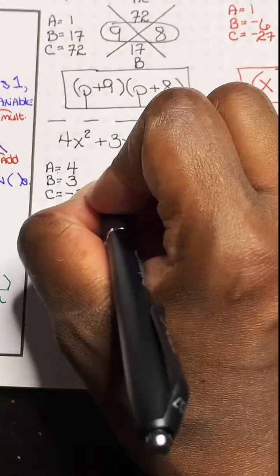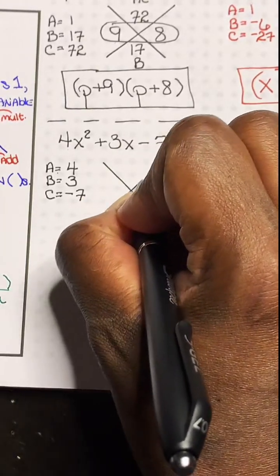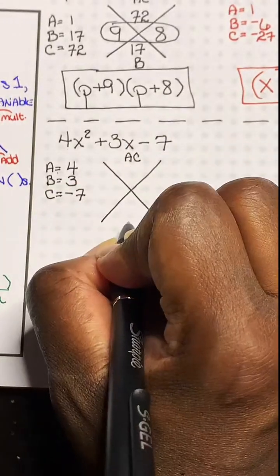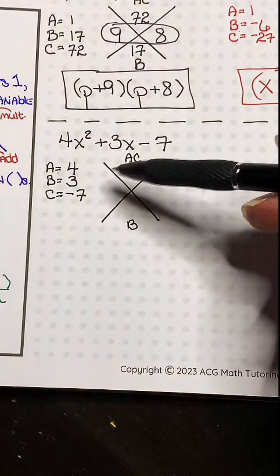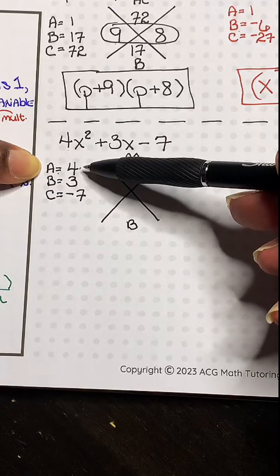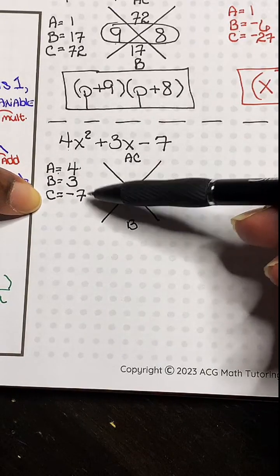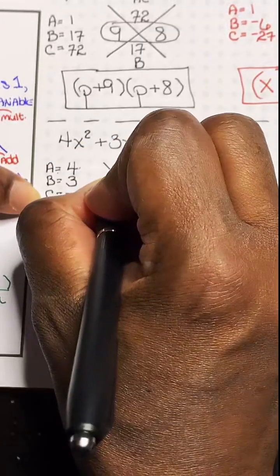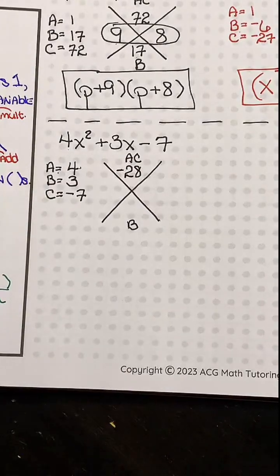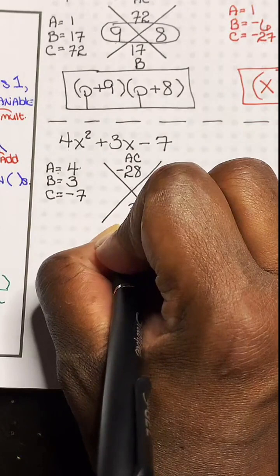So now we're doing our cross. Still multiplying our A and our C, but this time A is not 1, it's 4. So 4 times negative 7 gives me a negative 28, and my B is going to be 3.